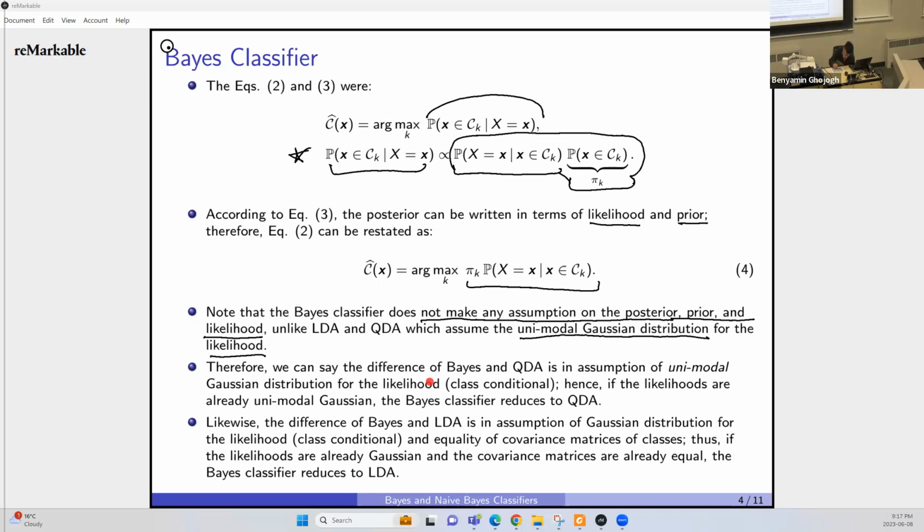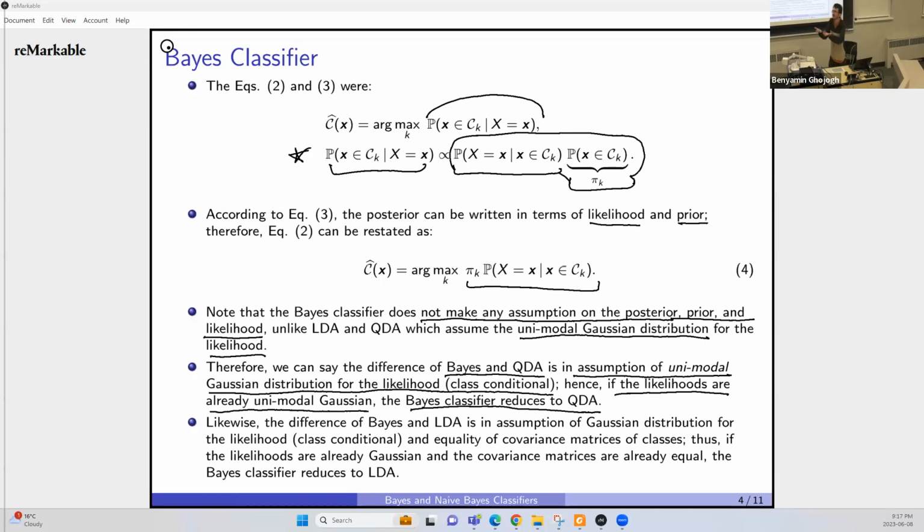Therefore, we can say the difference of Bayes and QDA is in the assumption of the unimodal Gaussian distribution for the class conditional likelihood, right? Hence, if the likelihoods are actually unimodal Gaussian, then the Bayes classifier reduces to QDA.